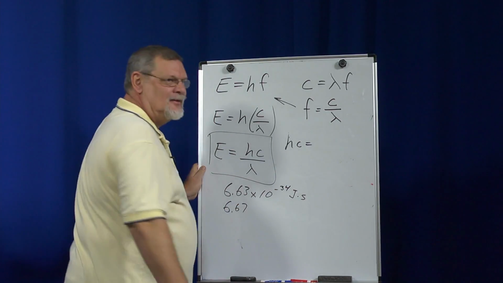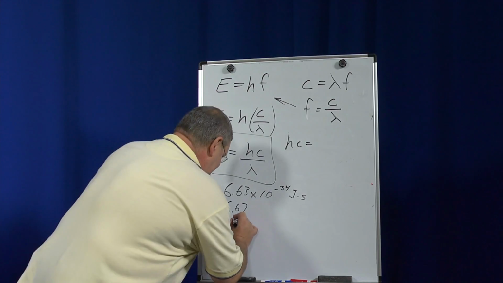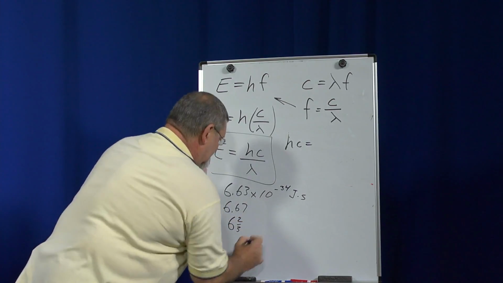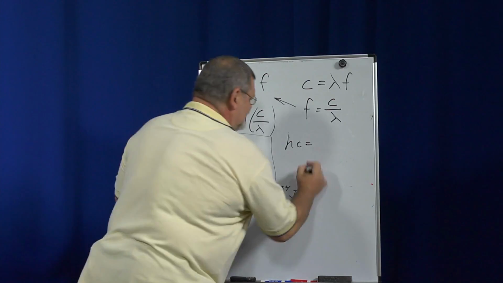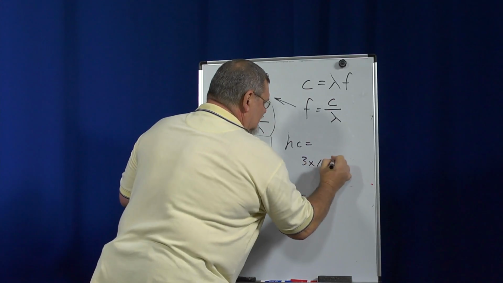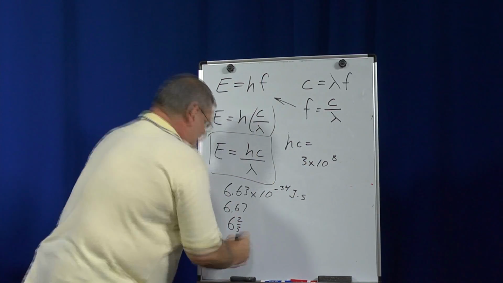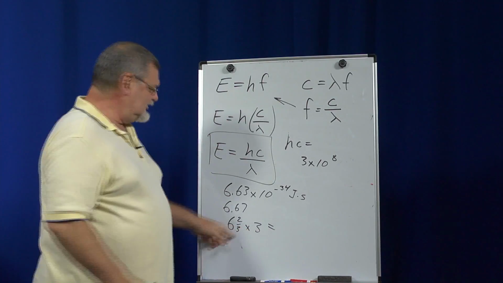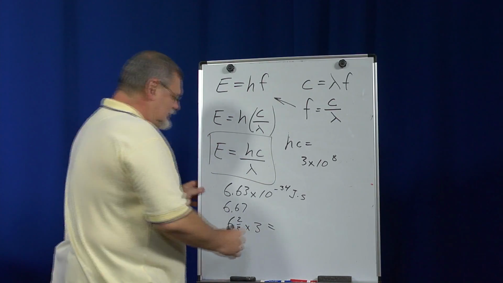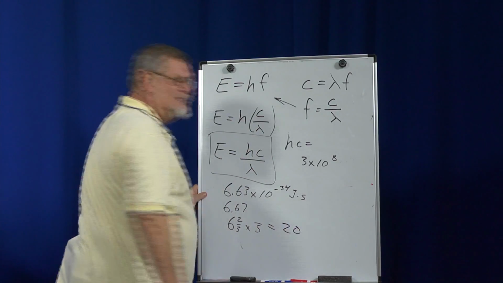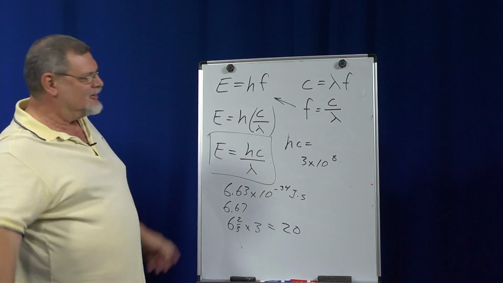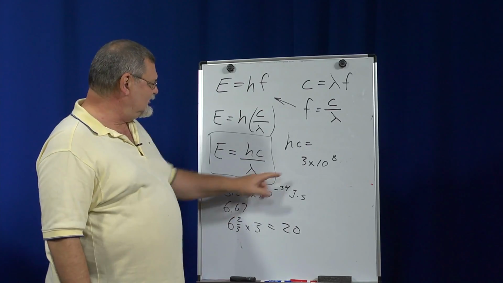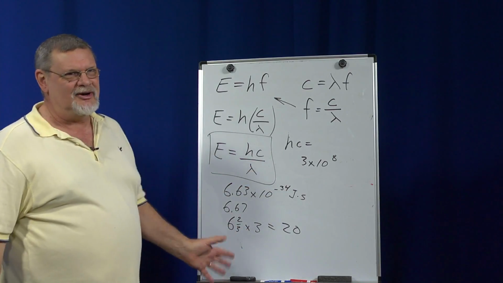6.67. What is 6.67? It's 6 2/3. All right? And we're going to multiply this by the speed of light, 3 times 10 to the 8th. So we're going to multiply 6 2/3 times 3. Well, 6 2/3 times 3 is 20. Simple enough. Pull out your calculator, multiply this times the speed of light, you'll get 19.85.